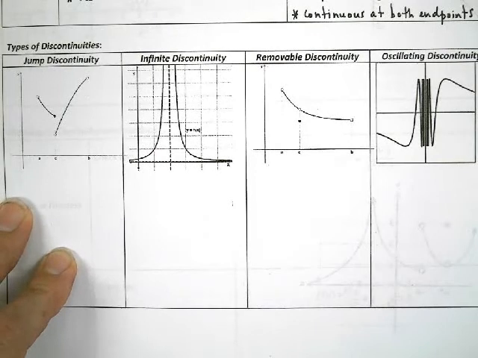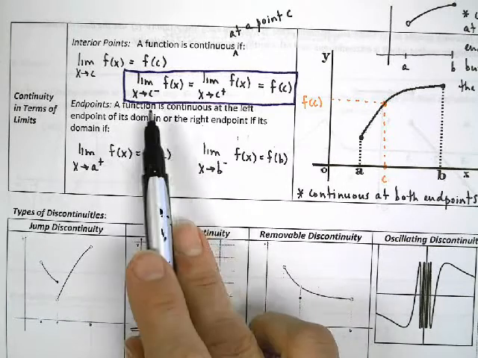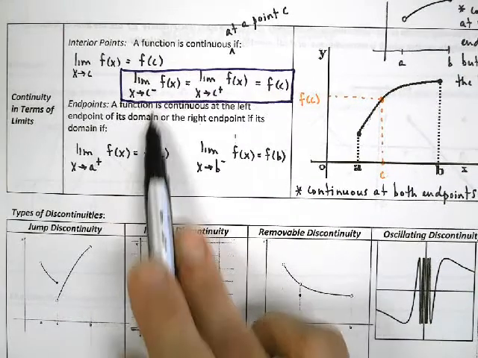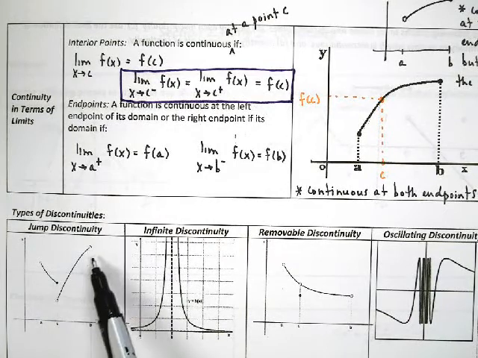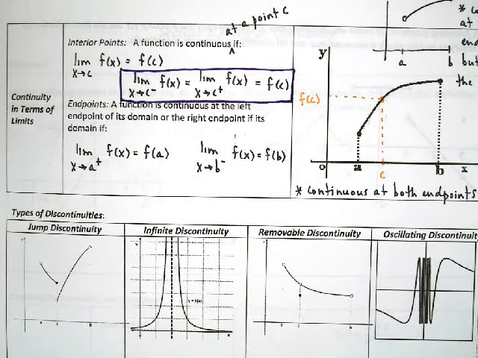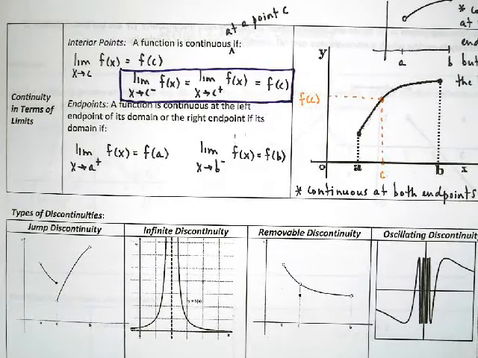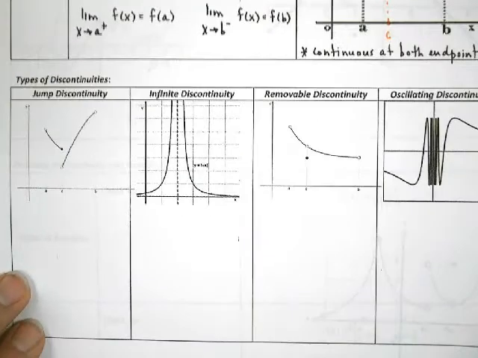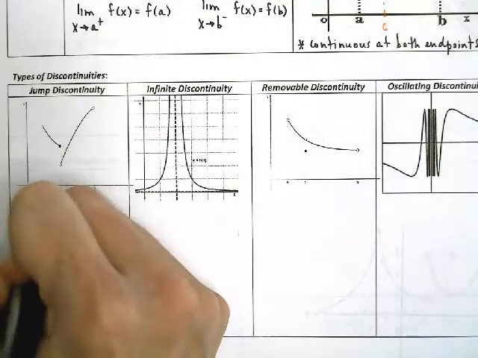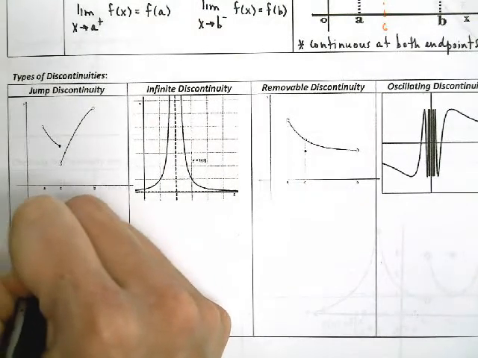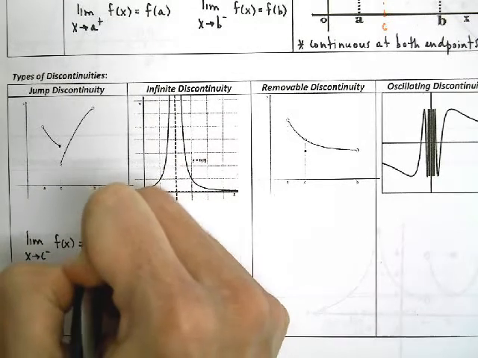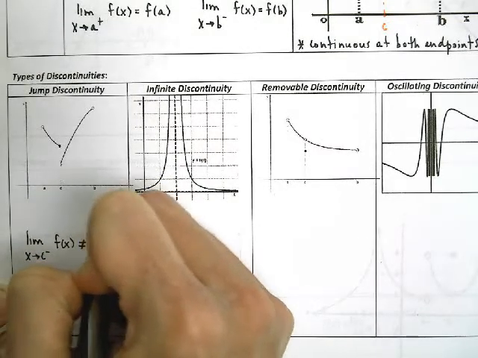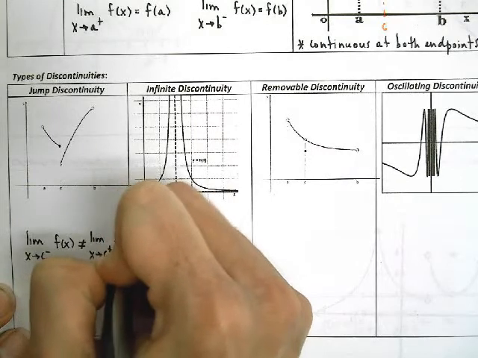And so the problem that we have here, if we think back to our limit definition of continuity, we can see right away in this picture that the limit as I approach C from the left is obviously not the same as the limit as x approaches C from the right. So that's the condition that fails here. The limit as x approaches C from the left of f of x is not equal to the limit as x approaches C from the right.